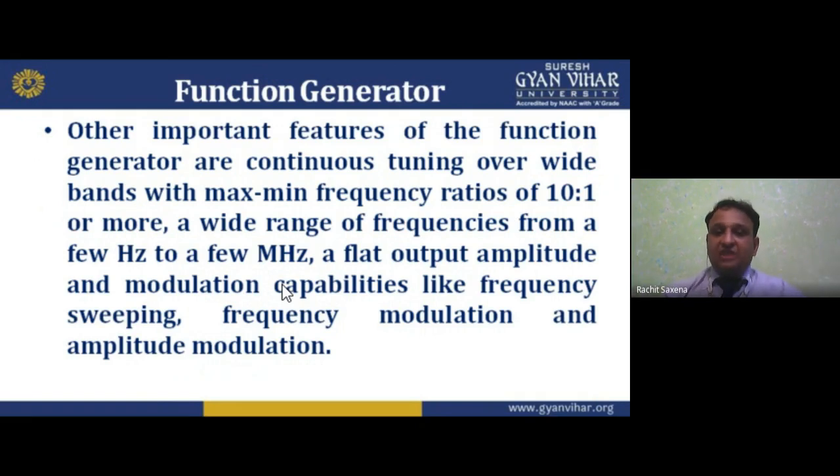It could be 50:1, 50:5, 20:2, 20:1, or 25:5. A wide range of frequencies, like 5 hertz to 50 megahertz, from a few hertz to a few megahertz. A flat output amplitude and modulation capability is also there, like frequency sweeping, frequency modulation, and amplitude modulation.